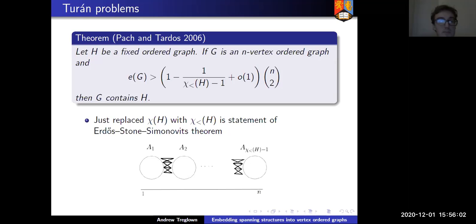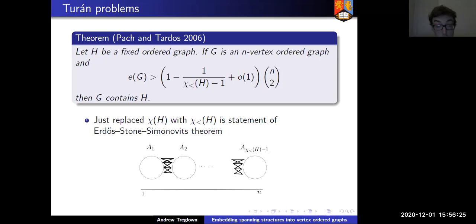So if G is an n-vertex ordered graph that has density greater than 1 minus 1 over the interval chromatic number of H minus 1, then G must contain H.